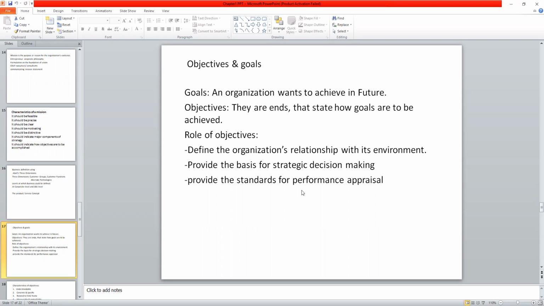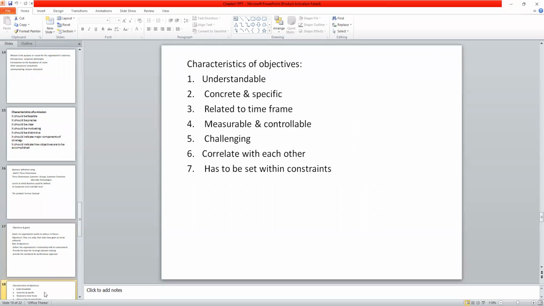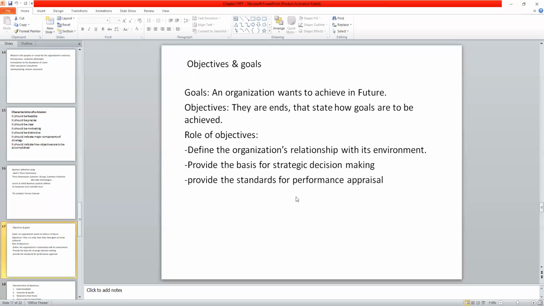Second, the objectives help an organization pursue its vision and mission. So by having a long-term position that an organization wishes to achieve and the short-term targets to be achieved, objectives help an organization in pursuing its vision and mission statements.